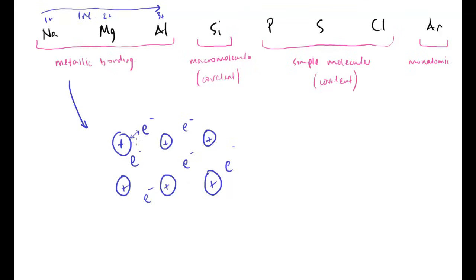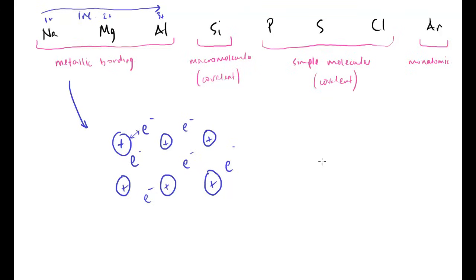That gives a melting point which isn't actually too high for sodium, in fact. Magnesium increases. This is true of the boiling points as well. Magnesium increases. We've got a greater charge, and actually a greater number of delocalized electrons, because the delocalized electrons always come from the outer shell.